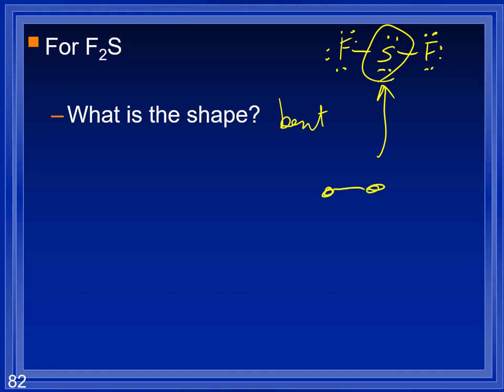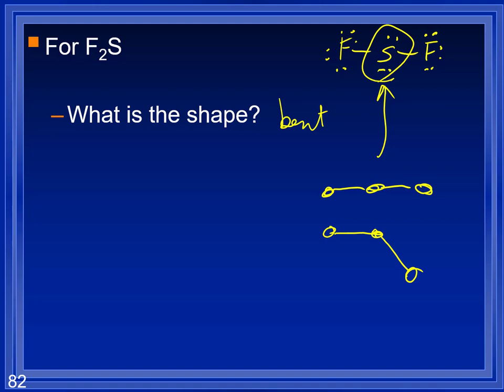There's only 2 possibilities. They're in a line or they're not in a line. Right? What would make them not in a line? What would make them closer together? Lone pair. Does this have lone pair? Yeah, this has lone pair, so it's going to bend.